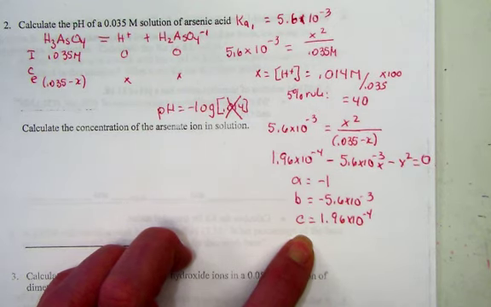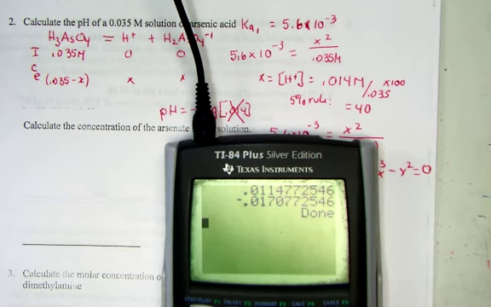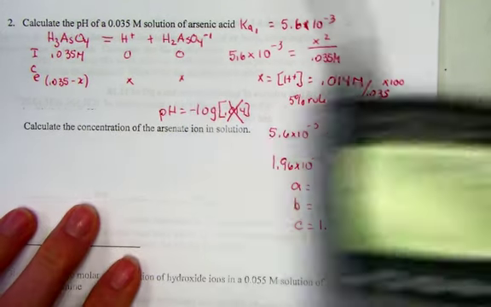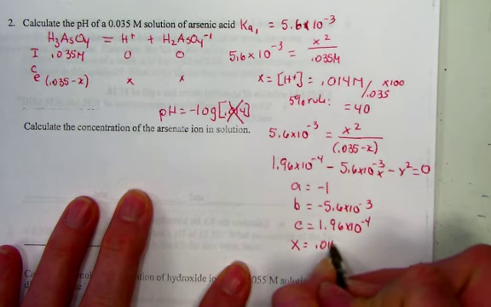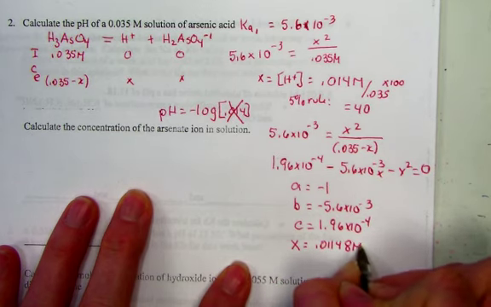And let's reach a common answer, a value of 0.01147, and I'm getting nods, perfect. So the value of X, 0.01148, I'll just round there.